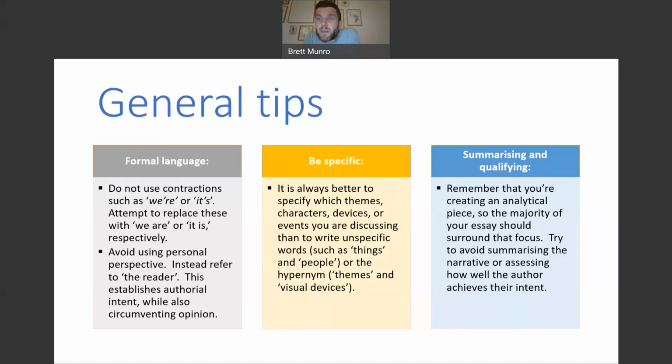Lastly, remember you're creating an analytical piece, so the majority of your essay should surround that focus. Try to avoid summarizing the narrative or assessing how well the author achieves their intent. You really should be predominantly establishing an argument.